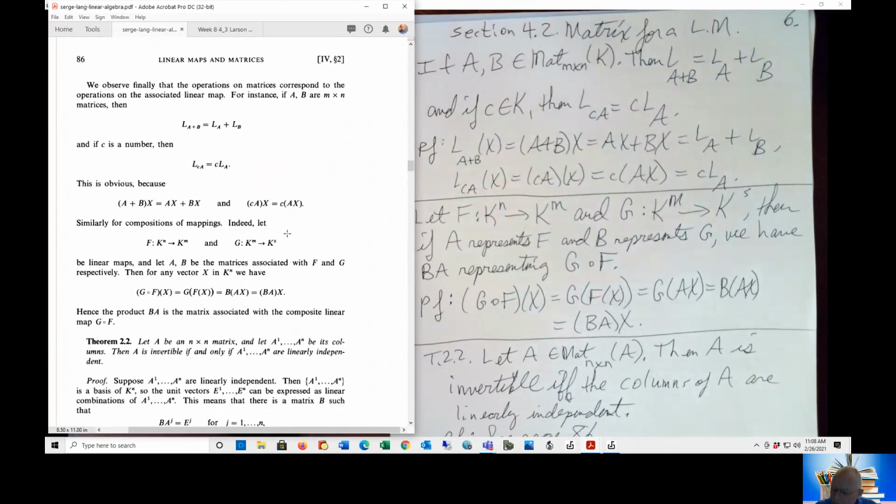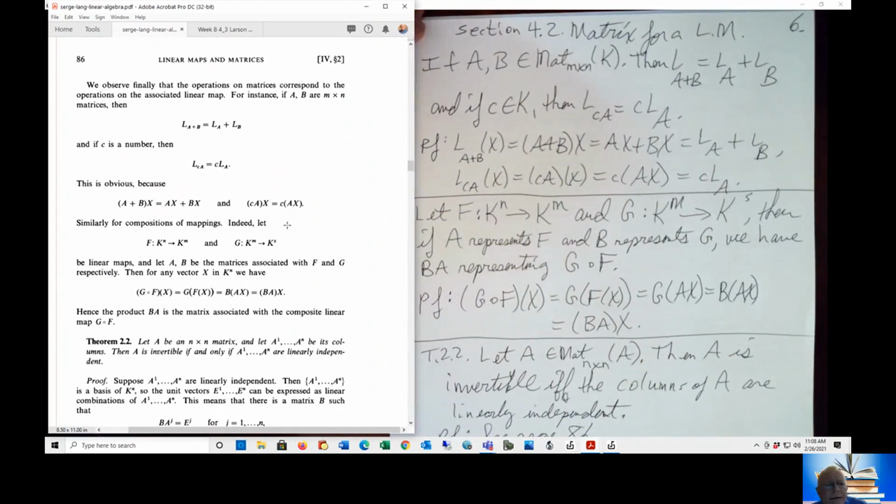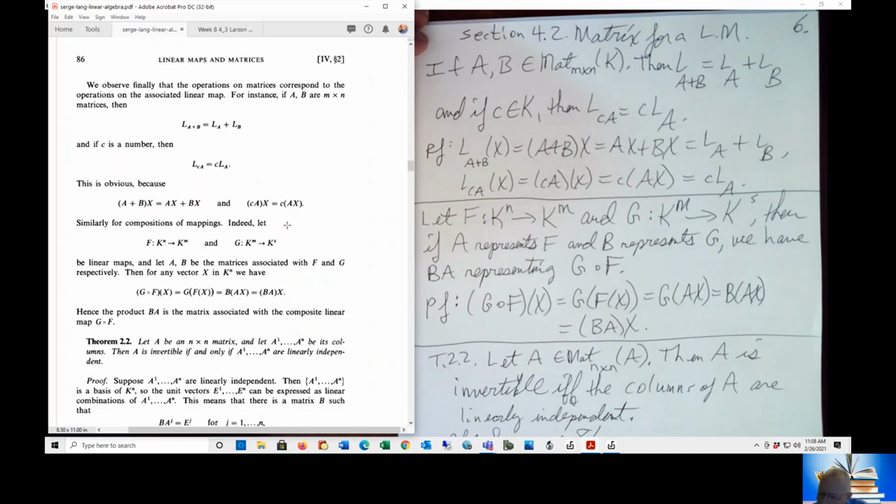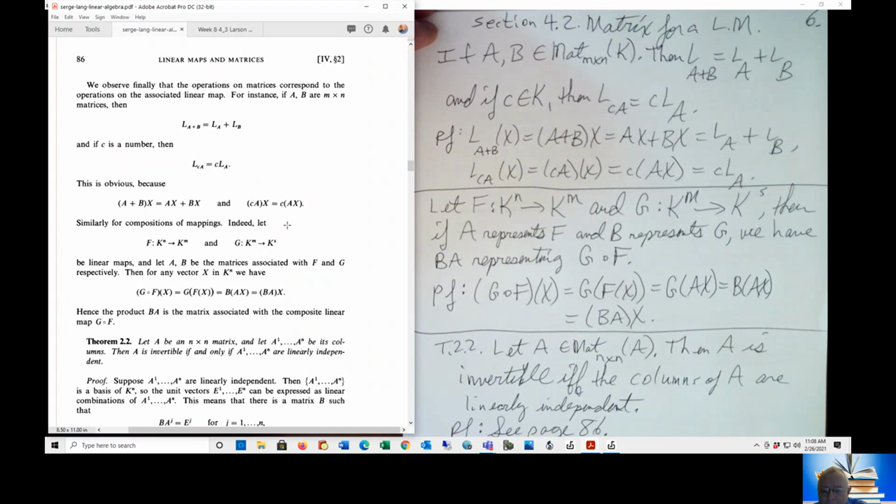Next, we want to observe that the mapping L sub A follows the following format, namely, if A and B are two matrices, then L sub A plus B equals L sub A plus L sub B. And if C is a scalar, L sub CA equals C times L sub A. Well, that's very simple and easy to see.